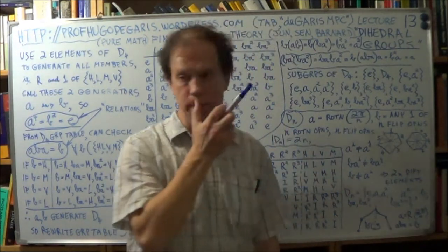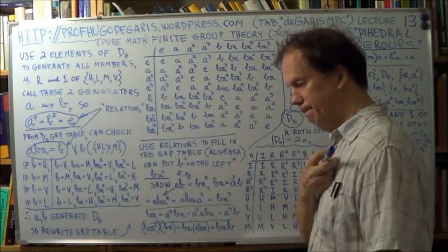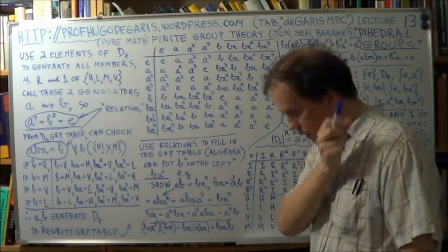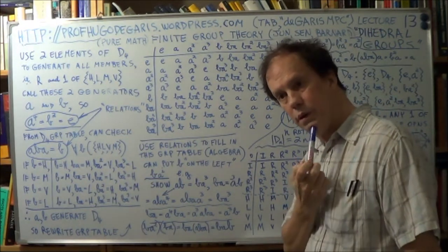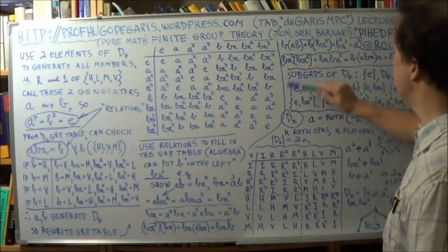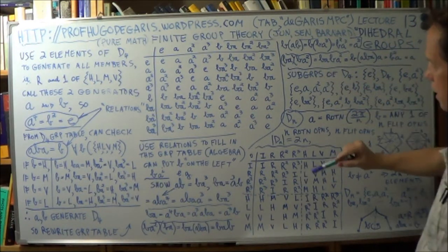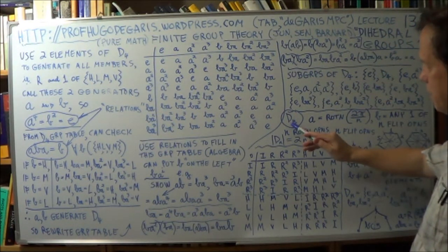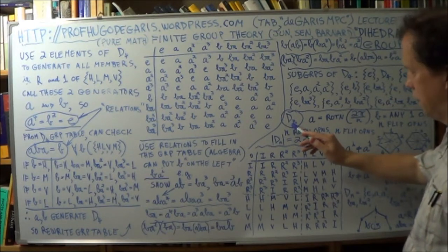Okay, well I've run out of board. In the next session I will talk about subgroups. I talked a little bit about subgroups of D4. What about subgroups of Dn?